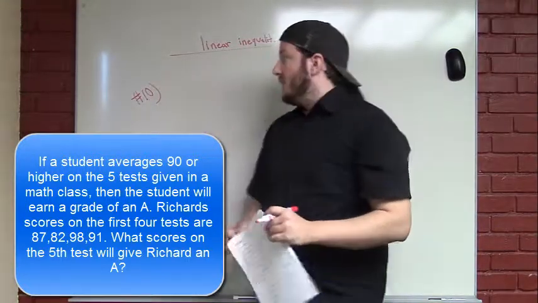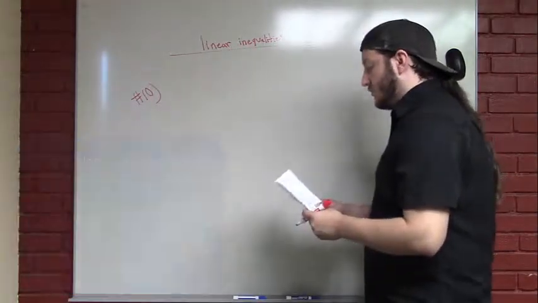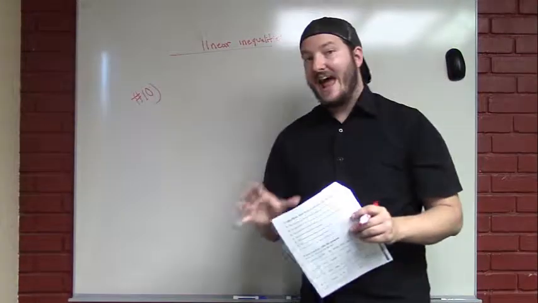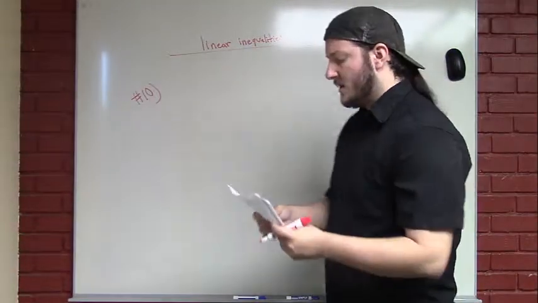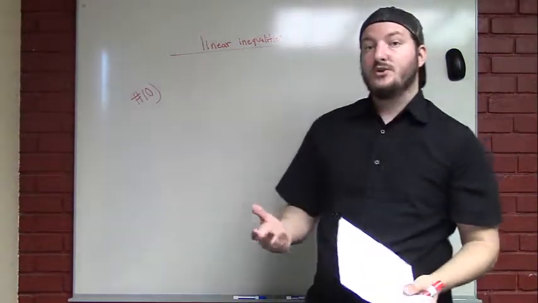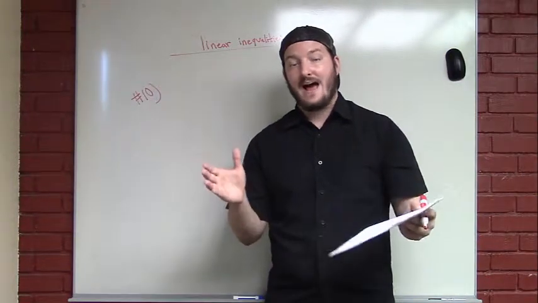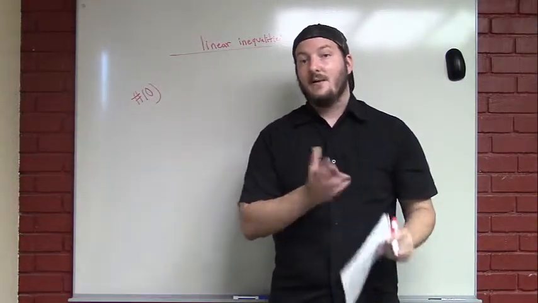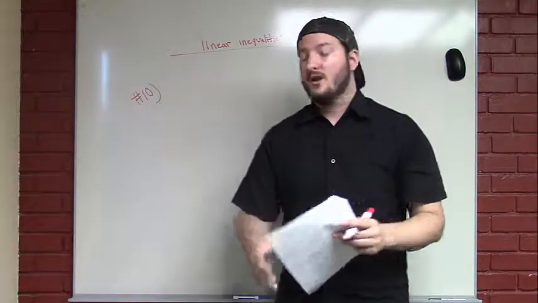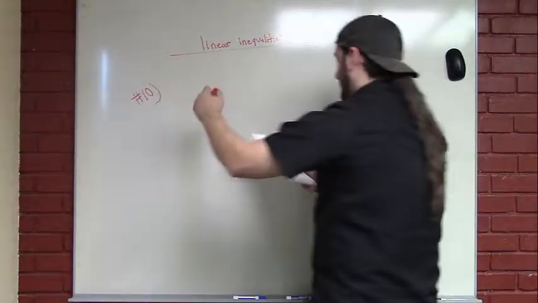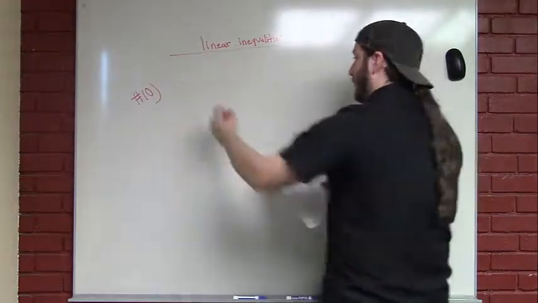Okay? So what you have to do to find an average of your test scores, to find an average in general, is you add up all the numbers you have and you divide by how many numbers there are. So I'll show you this. There's 5 tests and we know the score of the first 4.